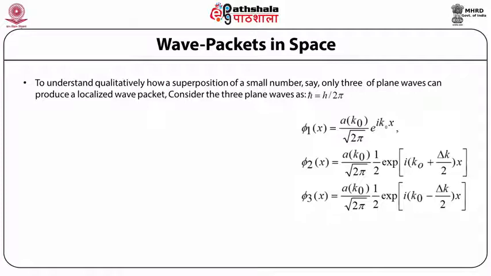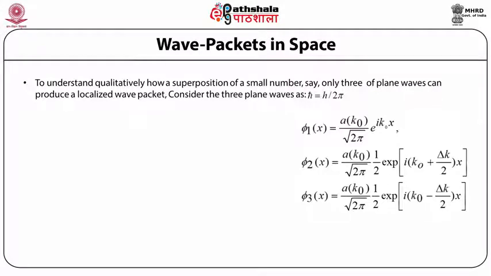Here k naught is the wave vector of the first plane wave, and A of k naught is the amplitude of this wave, and phi 1 of x gives the wave function for this wave.